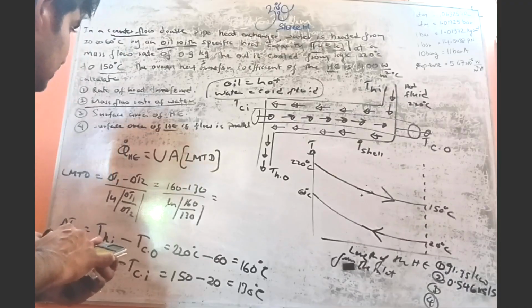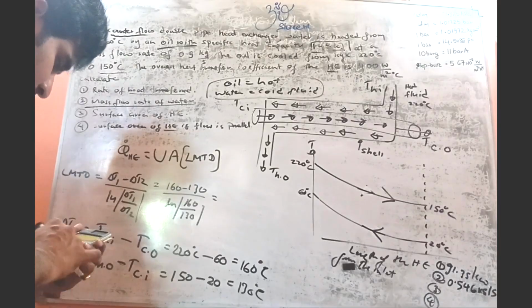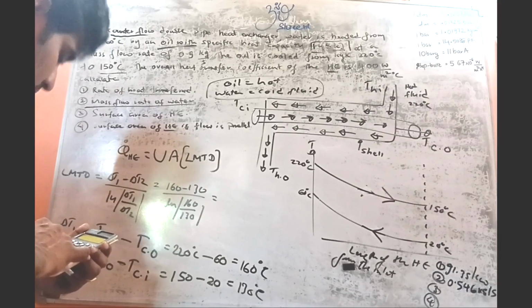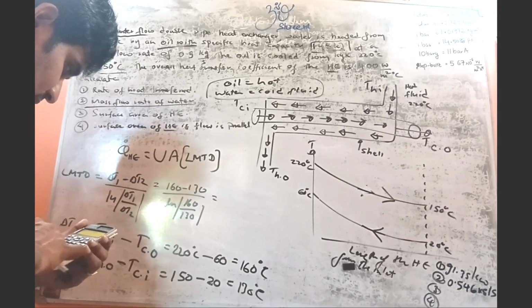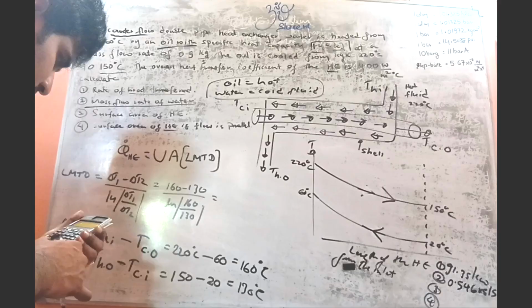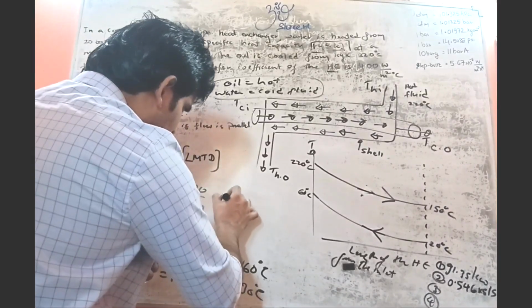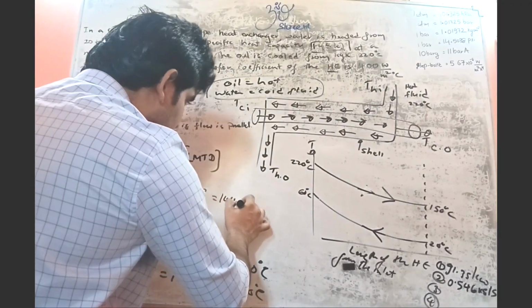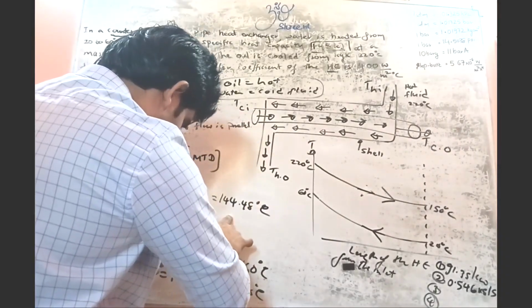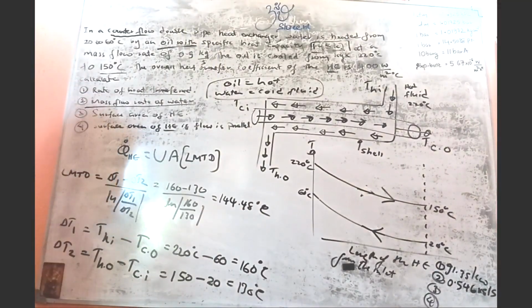So I am getting the answer for the LMTD, the logarithmic mean temperature difference, as 144.48 degrees Celsius, right? So that is the answer for LMTD.